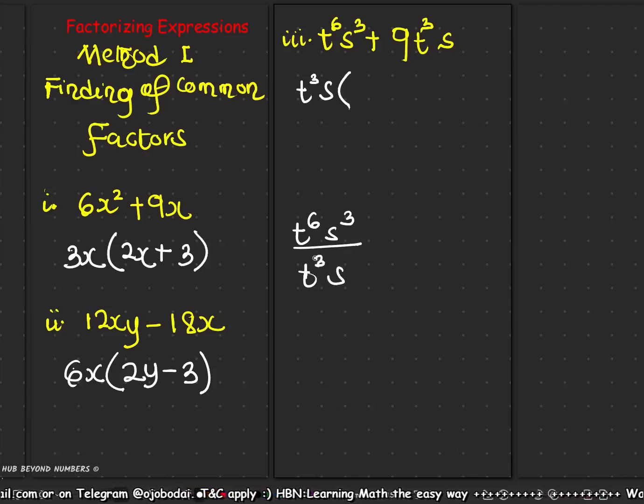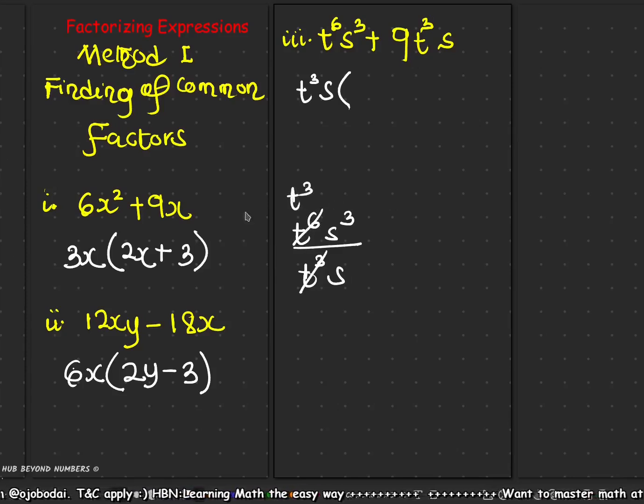You see? And then we know from our division that the 3 t's we have here would cancel out the 3 t's, and we'll be left with 3 more. Better still, you can say 6 minus 3. And for the s also, you can say 3 minus 1, giving us 2.